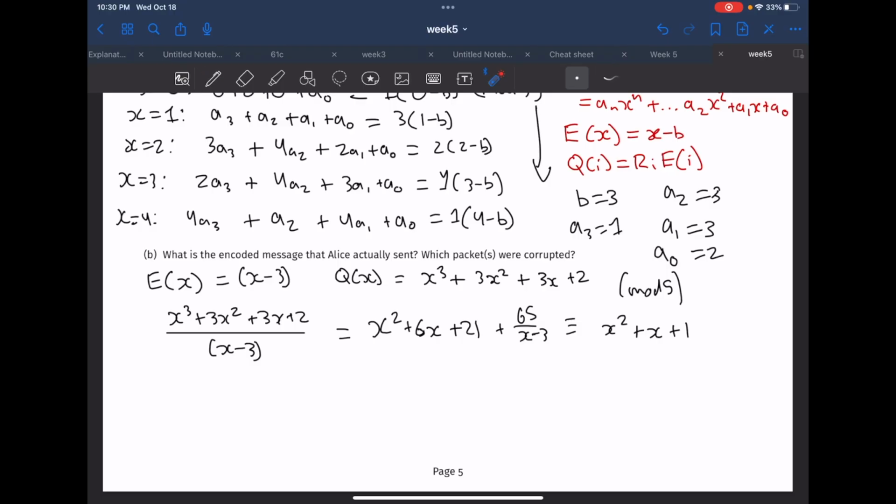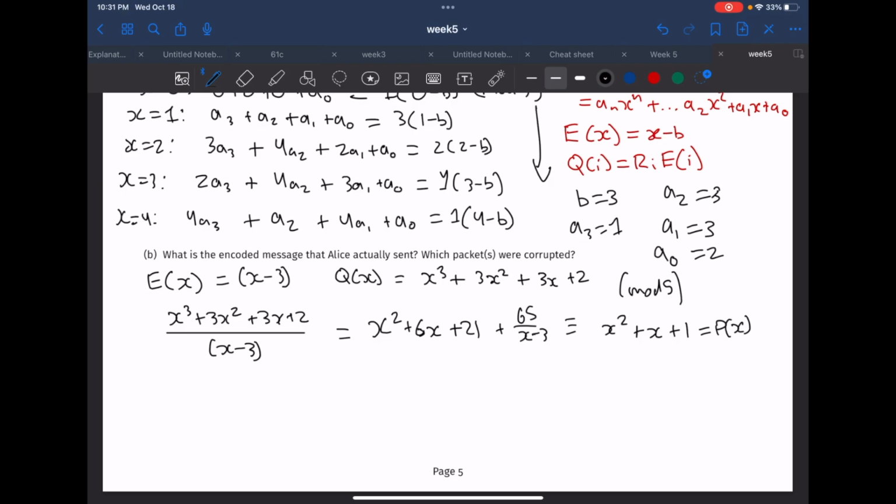So this is the P of x that we're left with. And so if we want to find the original message, we can plug in the points 1, 2, 3, 4, and 5.